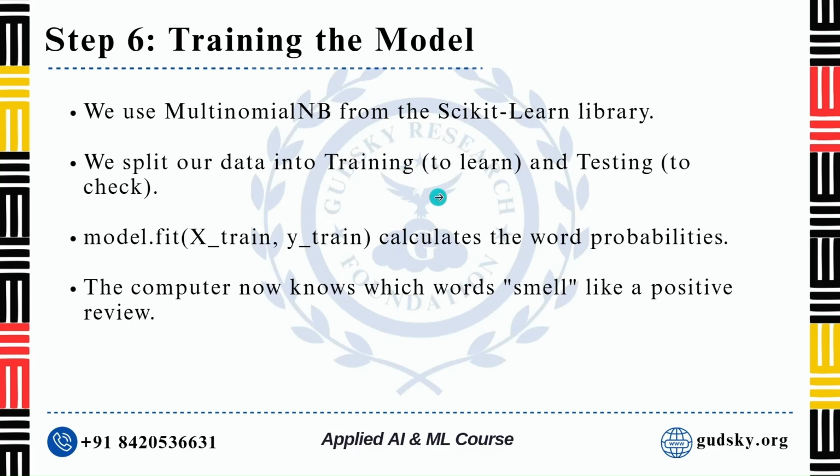Once we go back to the coding part, I will show you again. We fed it our training data and it builds its probability map. It learns exactly which words are the strongest indicators of happiness or anger. In just a few seconds, the model is fully educated.